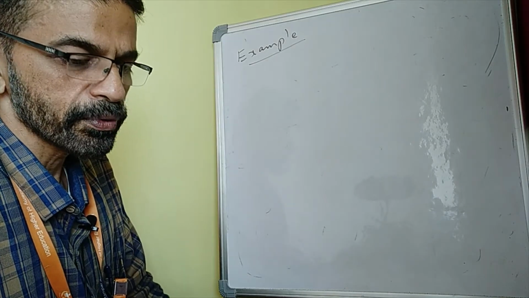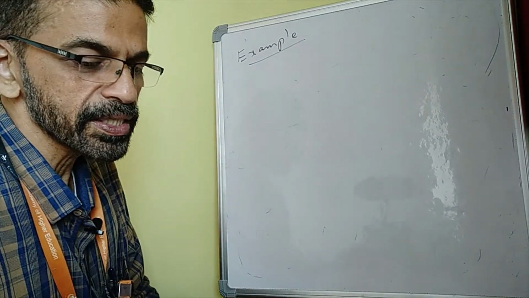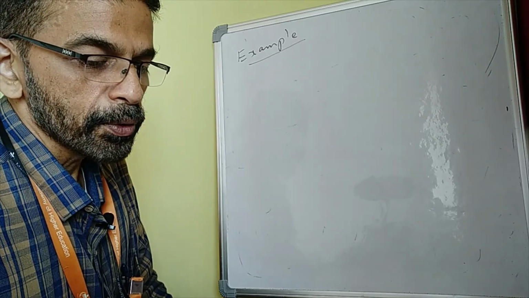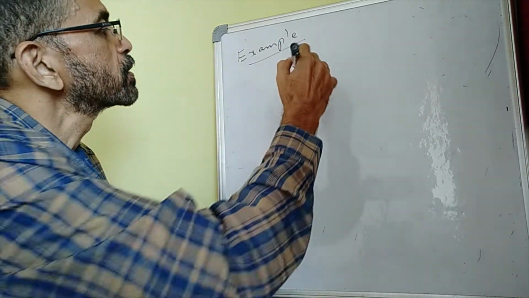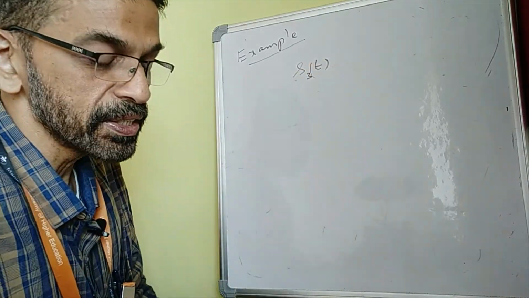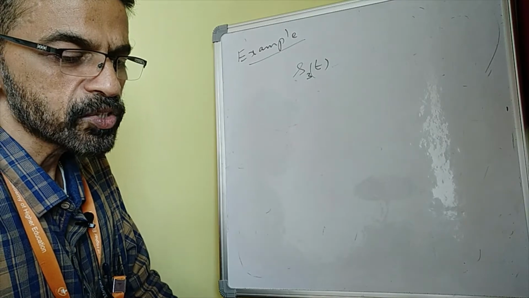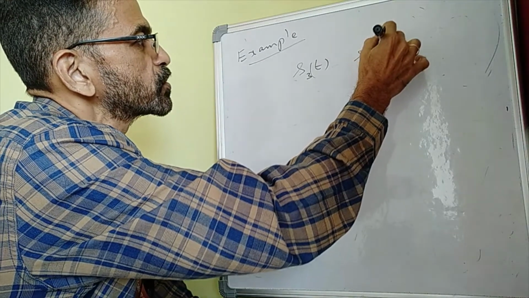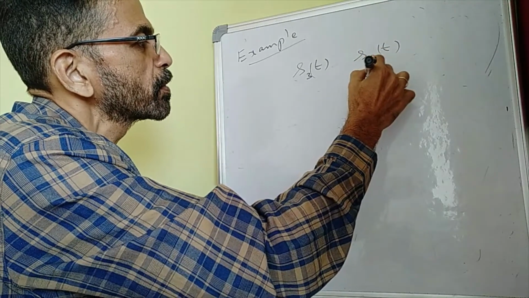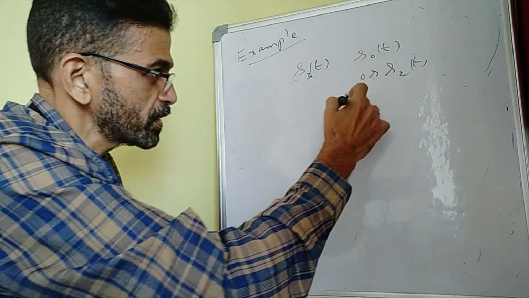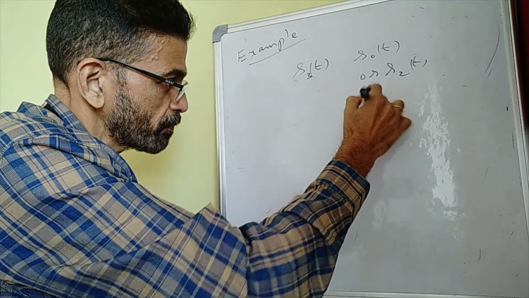The analysis that we are going to conduct is, we have to find out what is the probability that the signal S3(t) is being detected as S0(t) or S2(t), and S3(t) being detected as S1(t).